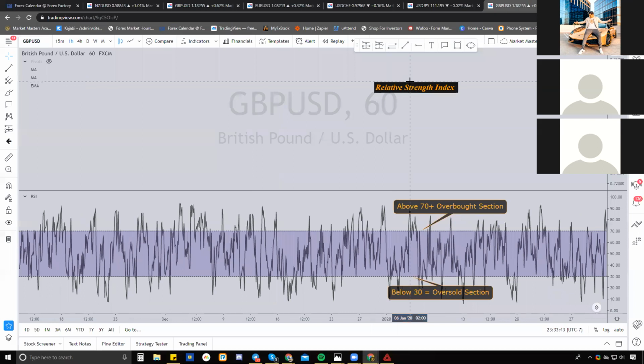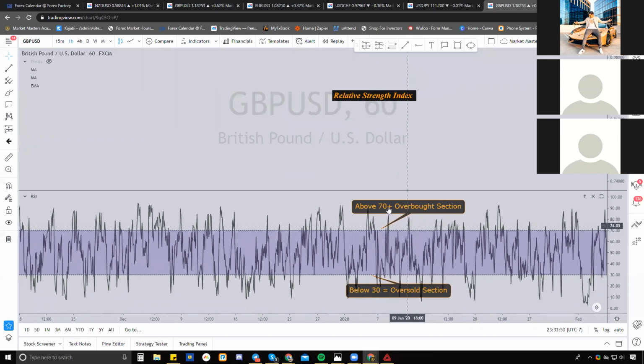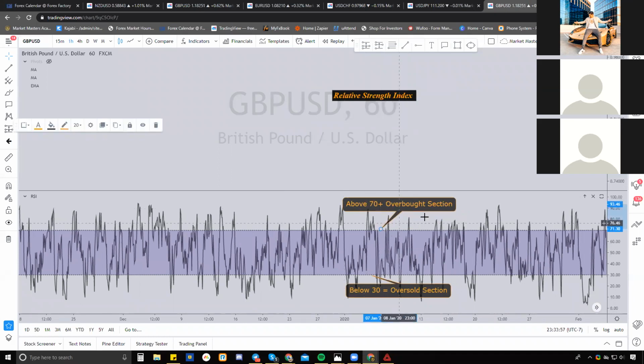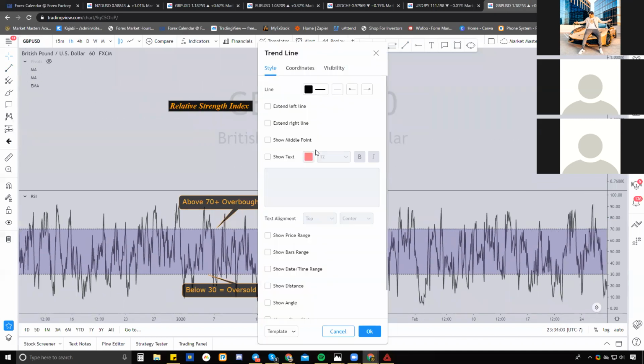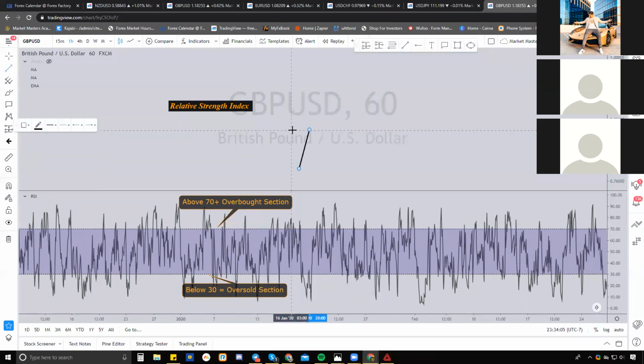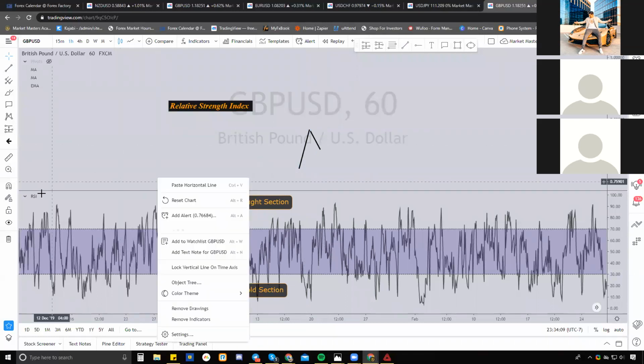So relative strength index, it helps identifying the strength of the price with the certain currency pair that you're on. So GBP USD is this currency pair we're on. Now, what I mainly look for on this here is when we see, let's say, on the price above, let me put the lock tool.